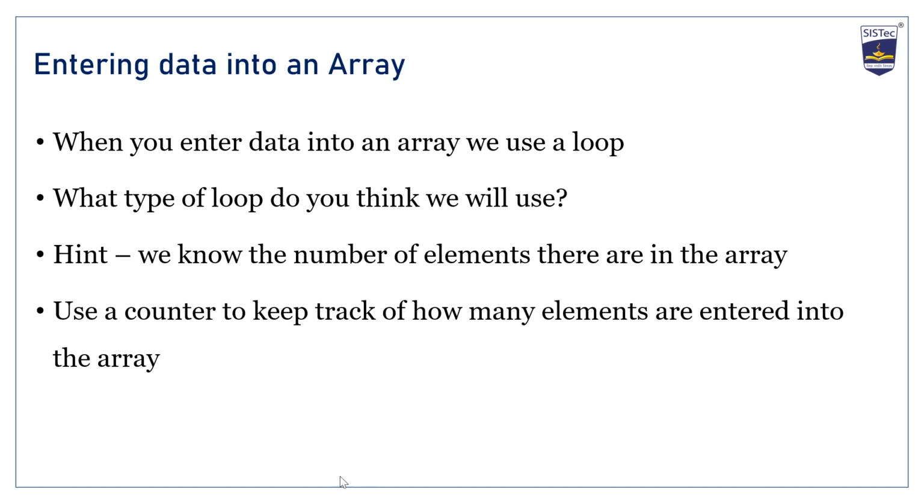So what type of loop do you think we'll use? We have the number of elements in an array. Let's suppose that n elements we would like to insert. Definitely the loop will run n times, and we use a counter to keep track of how many elements are inserted into the array.